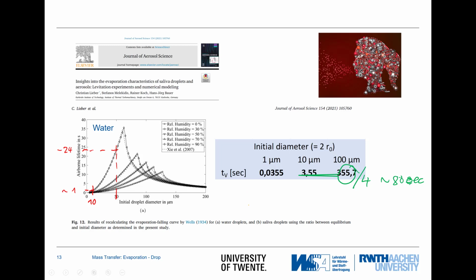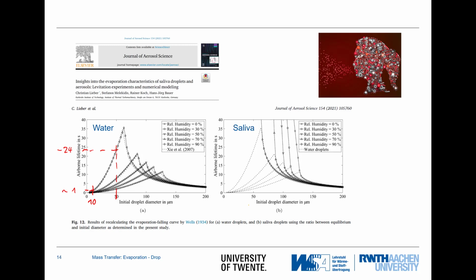But now let's look at some more realistic case, and that's about saliva. For the ones that are not native English speakers, saliva, that's the liquid in our mouth.